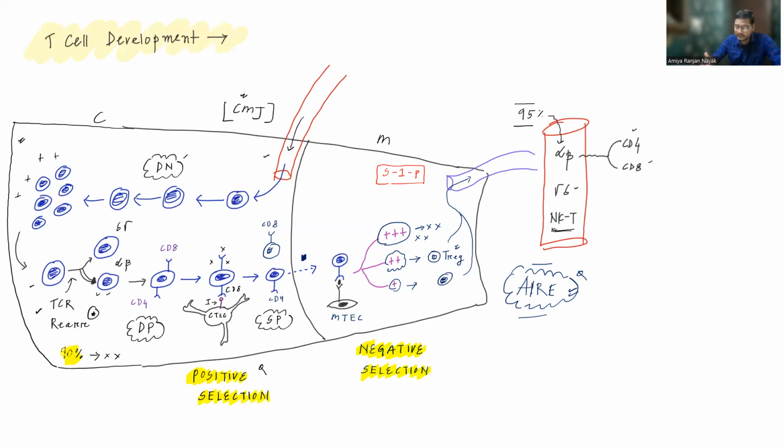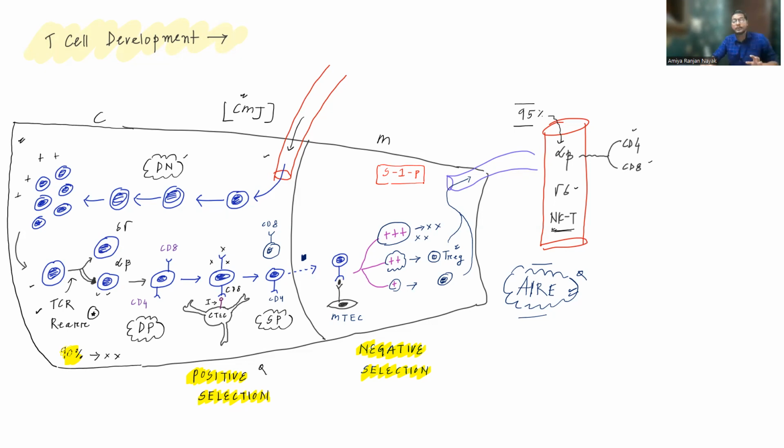As I've told you, inside the circulation 95% of the T cells have alpha beta receptors, and 5% have either gamma delta or NK T cell receptors. Based on the presence of co-receptors, the alpha beta T cells will be either CD4 positive or CD8 positive, but not both. None of the mature T lymphocytes will have both CD4 and CD8. Most of the time, T regulatory cells have the CD4 receptor on their surface, and along with CD4 they also have FOXP3. Again, I'll not go into the details of T regulatory cells now; we'll discuss that separately.